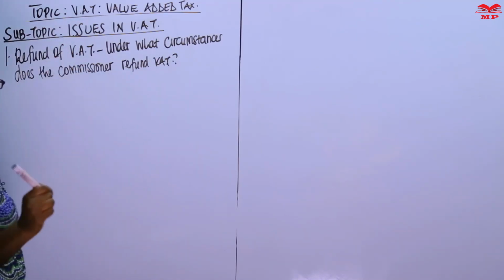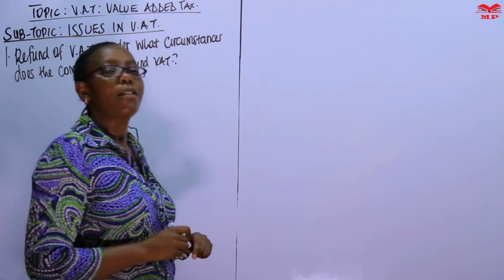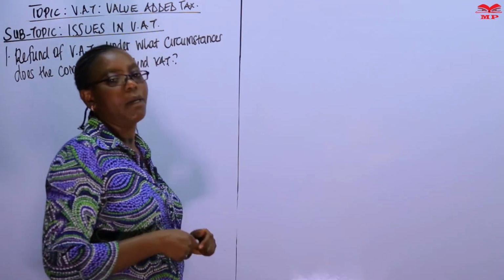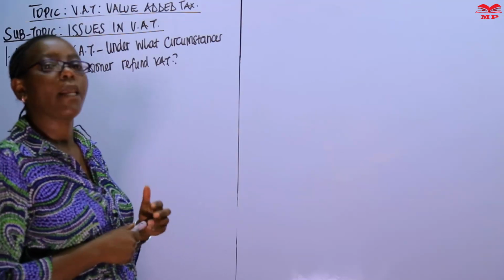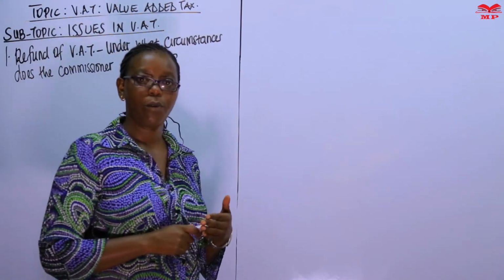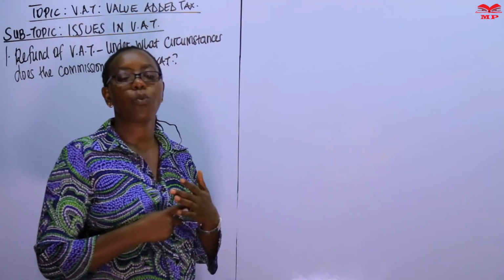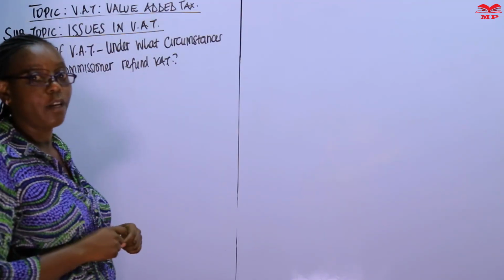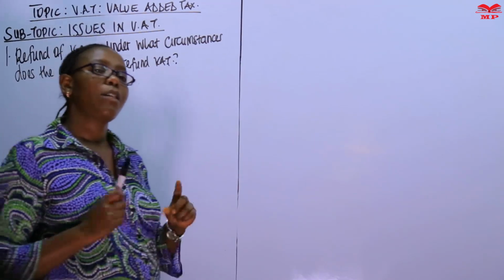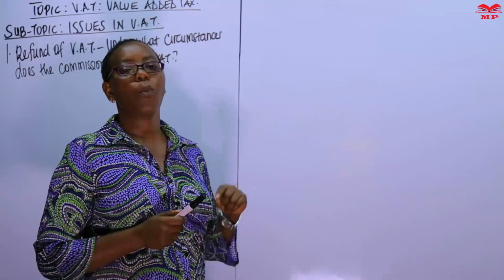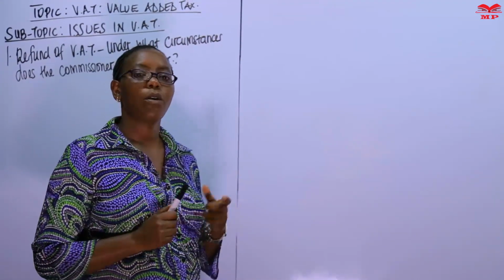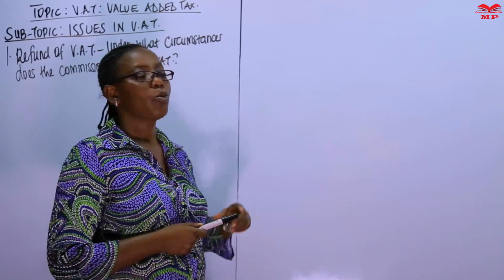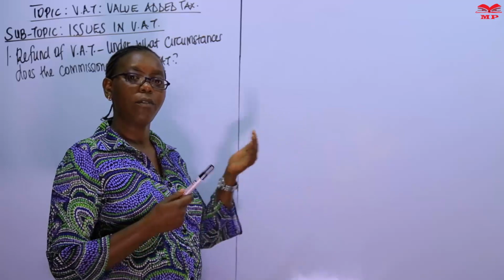So for the commissioner to refund VAT, the taxpayer or the taxable person, the registered person, must make an application in writing, and you must prove and provide documentation as to why you should be refunded the VAT that you've already paid. Now remember that we had said earlier that a taxpayer will pay VAT because he's appointed by KRA, by the commissioner, to collect VAT on behalf of KRA.